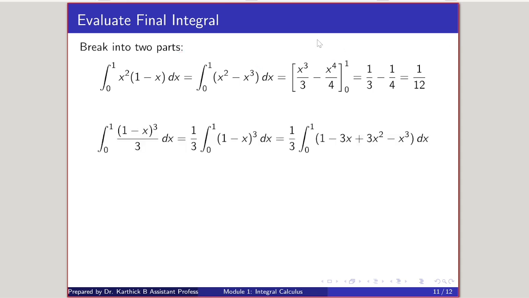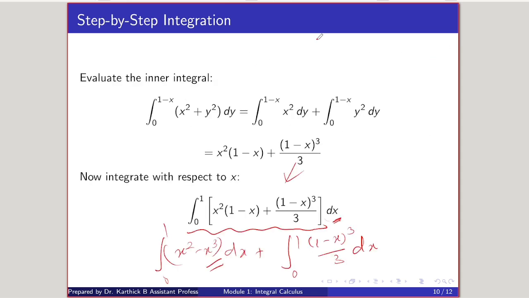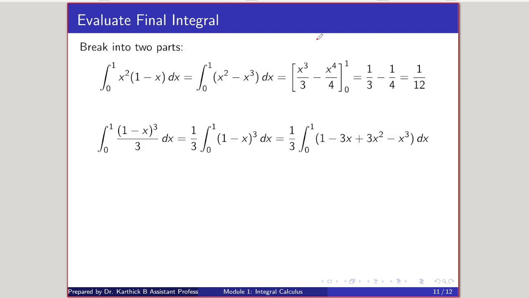Next I'm taking the second part of this integral. Here 1 by 3 is simply a constant, and I'm taking 1 minus x whole cube. We know the formula for a minus b whole cube. By using that formula I have expanded it like this, and now it is easier.